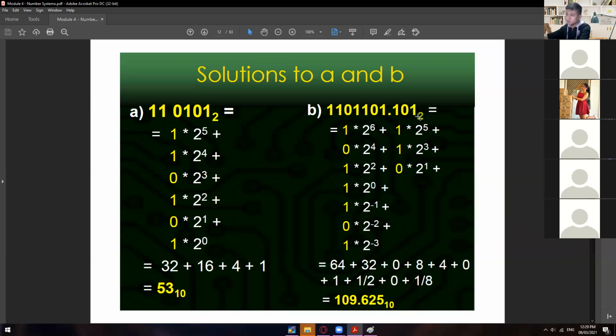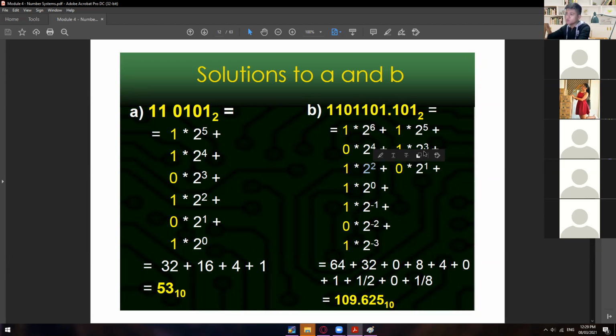So it's times 2. Starting from the decimal point, moving to the integer part, this one is raised to 0, 1, 2, 3, 4, 5, and then 6. So it has a maximum of 0 to 6. 0 for the lowest bit, and then just keep on increasing by 1.